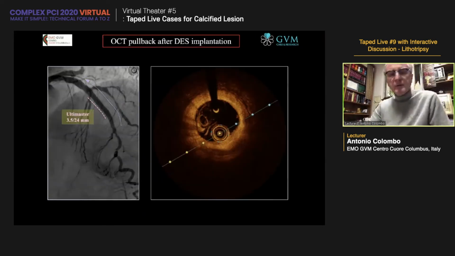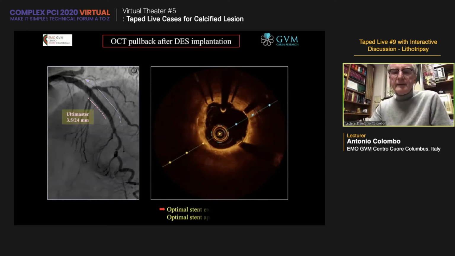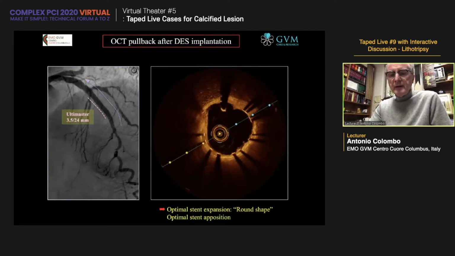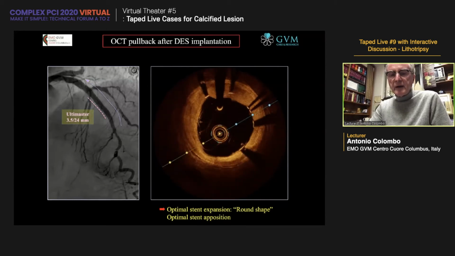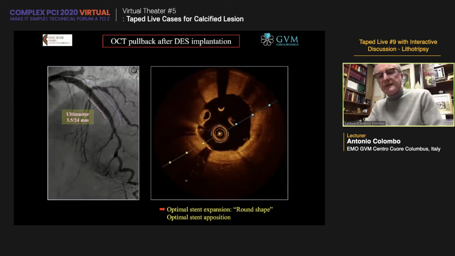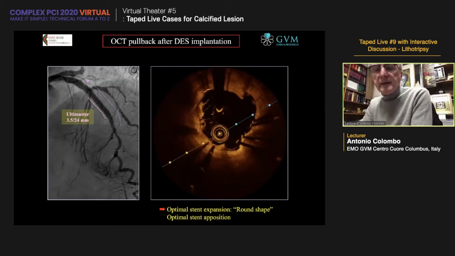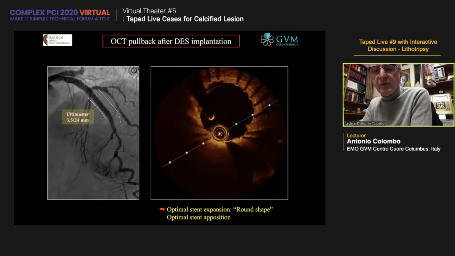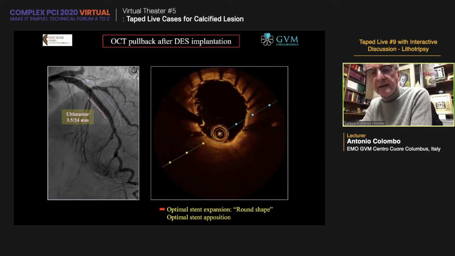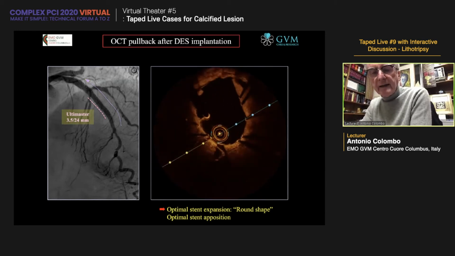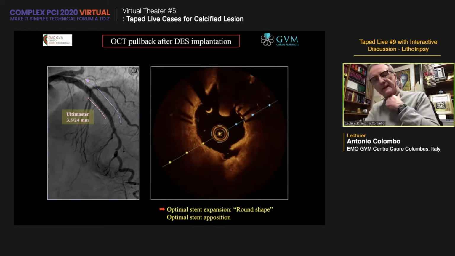But what is more important is the OCT image. We are impressed by the circular morphology. It's not easy to get this round morphology if you do just high pressure balloon dilatation. And I believe these are the advantages of this technique.